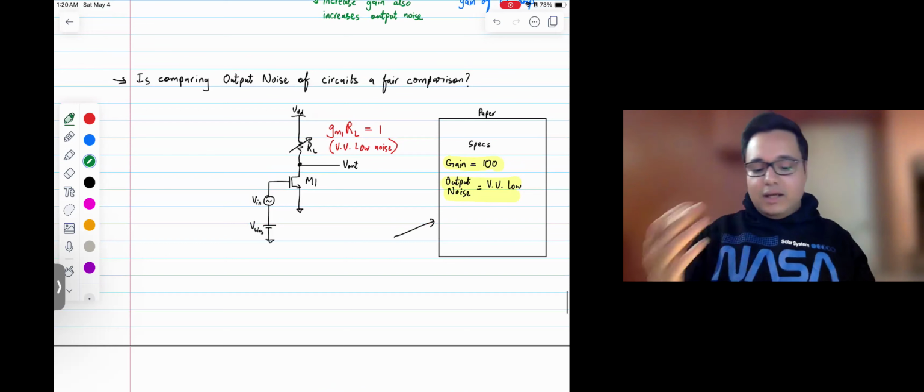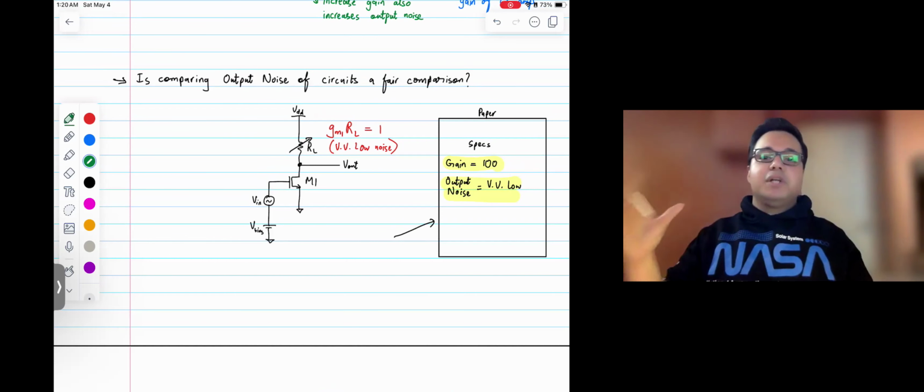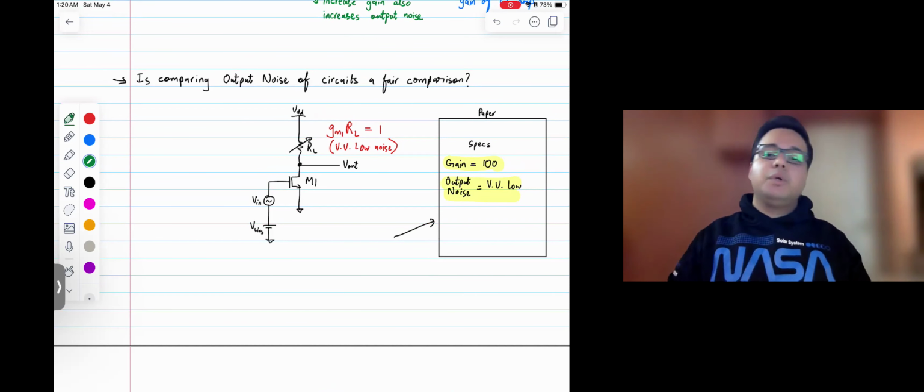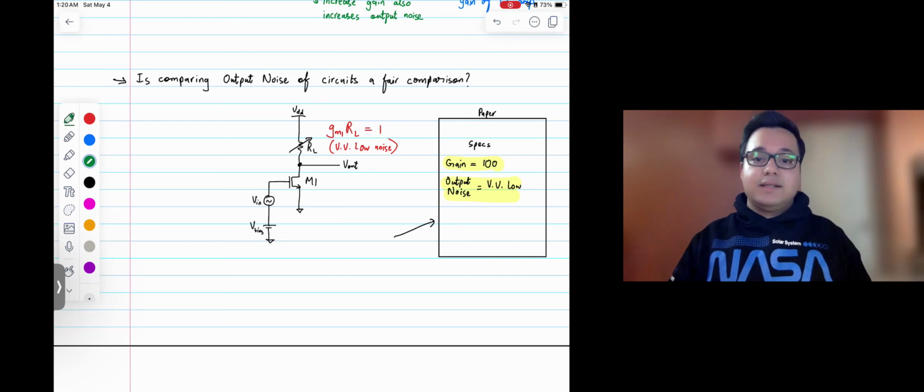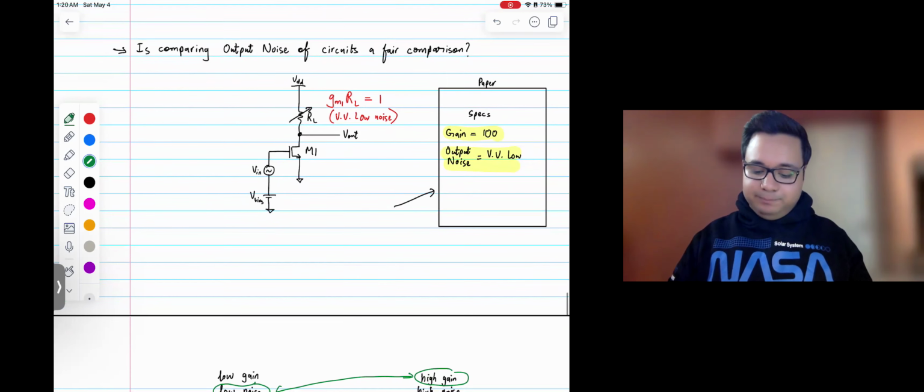So in reality, you wouldn't compare output noise of different circuits from reading different papers. A better way to compare circuits would be comparing the input referred noise of the circuit, and that will be something that I discuss in the next video, because it will be about input referred noise.